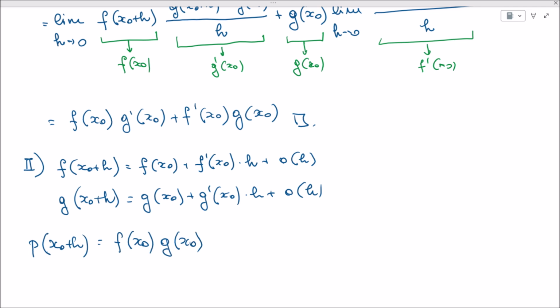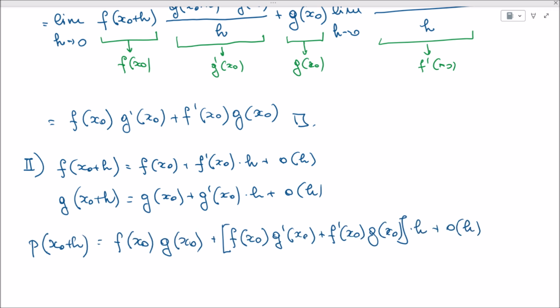Then we have f of x naught times g prime of x naught plus f prime of x naught times g of x naught, all this multiplied by h plus little o of h.